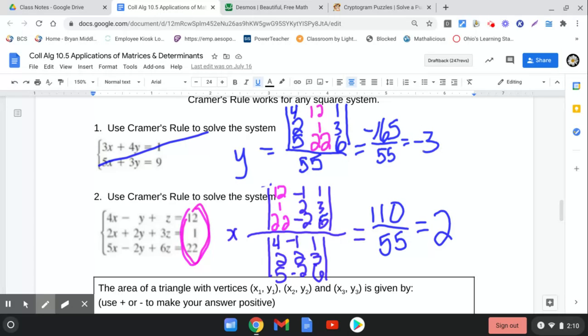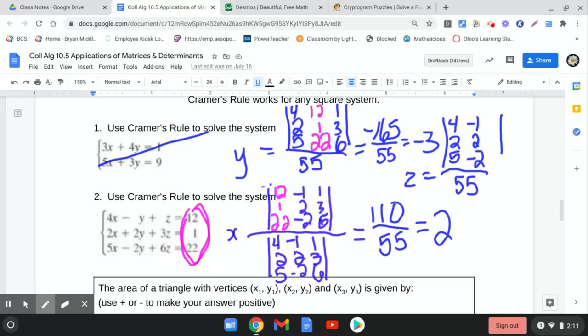All right, and then to do z, we're going to do the same thing. I have no idea where I'm going to put this. I'll just squeeze it in over there, I guess. Okay, so to find z, we're going to find the determinant of the original. Remember, that was just 55. We already did that. The x and the y coefficients are going to stay the same. So 4, 2, 5, and negative 1, 2, negative 2.